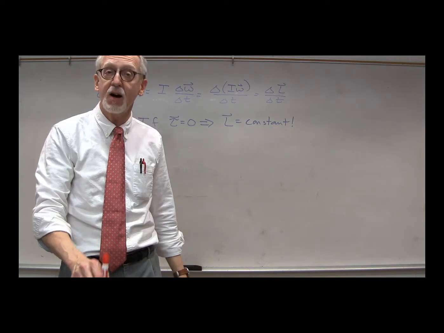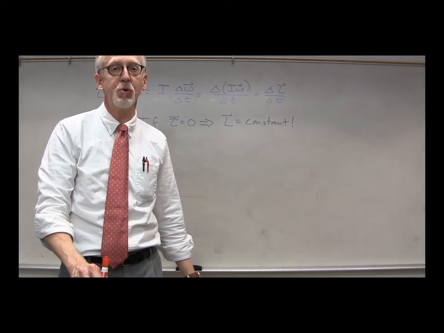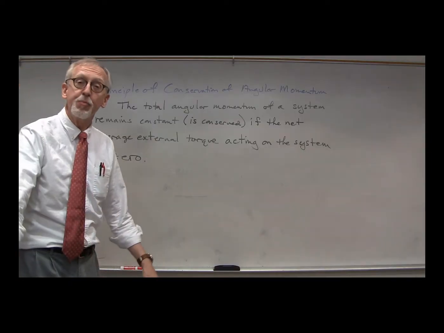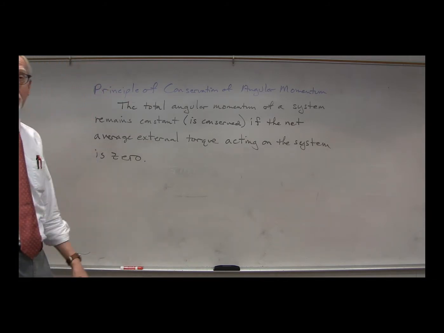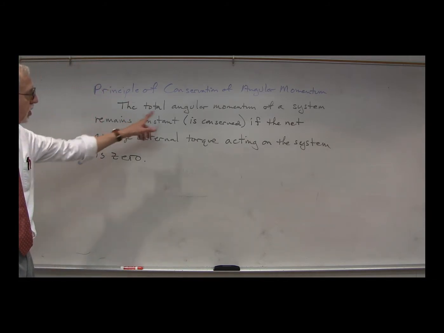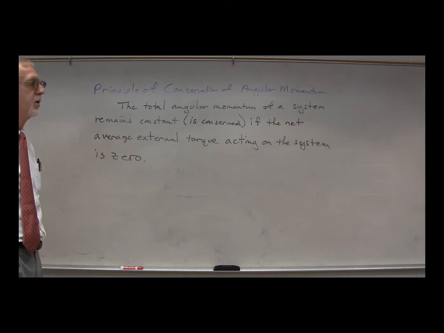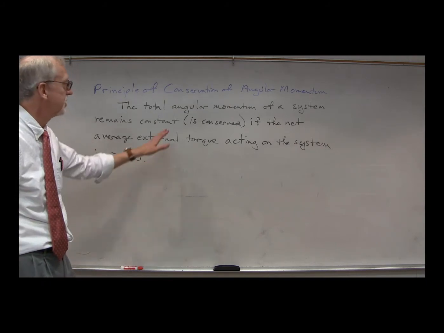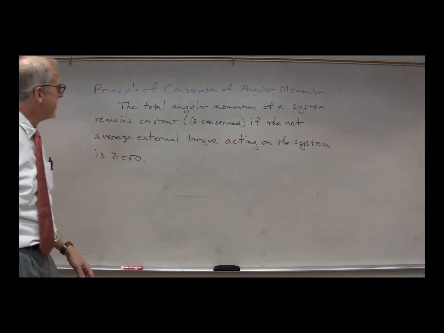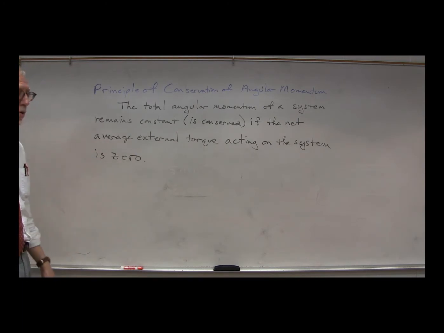This brings us to the conservation of angular momentum. The principle of conservation of angular momentum states the total angular momentum of a system remains constant, in other words, is conserved, if the net average external torque acting on the system is 0.